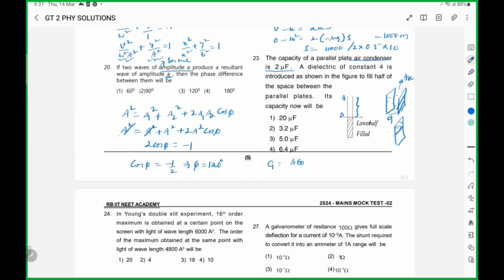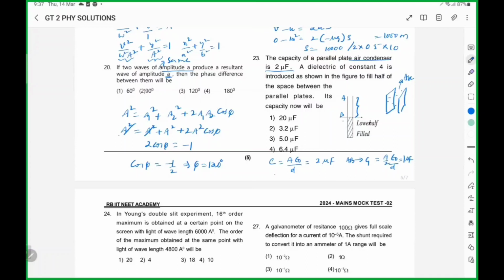Original capacitance, when it is an air capacitor, is equal to A epsilon naught by d, 2 microfarad. So for the AB part, if you take one capacitor, area is half, so that is 1 microfarad.